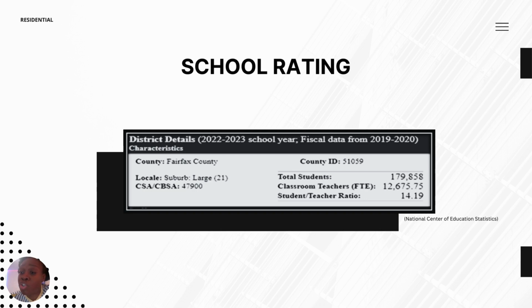A 14 to 1 student teacher ratio, which signals smaller class size and more personalized interaction for students and teachers.